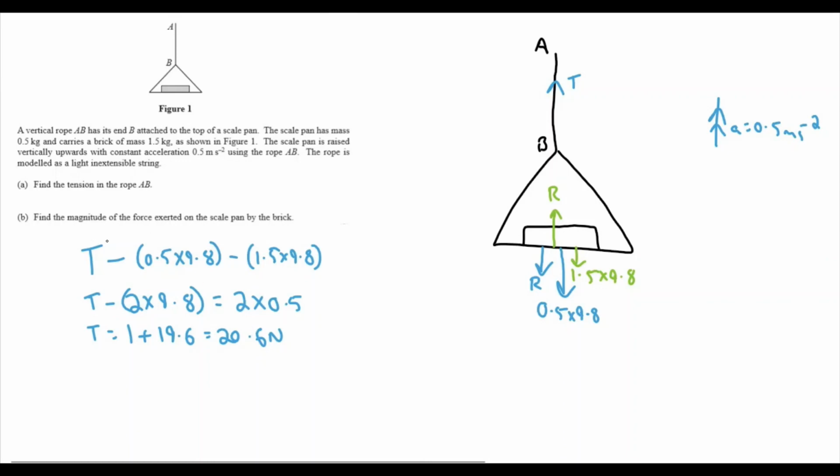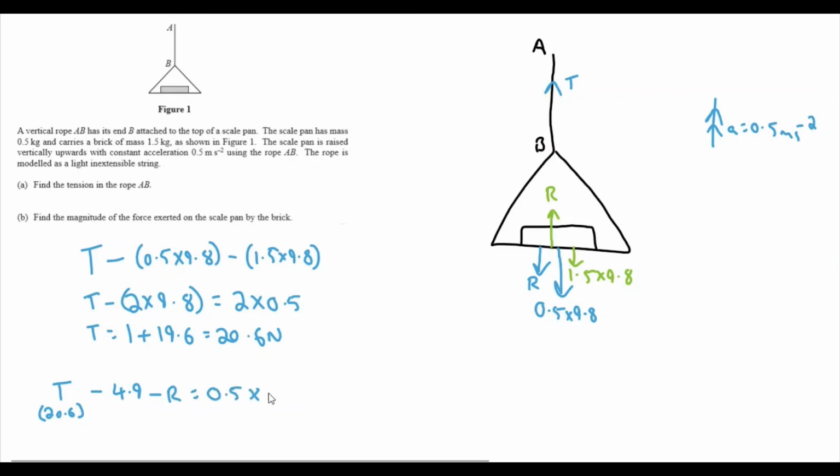Now then, for the magnitude of the force exerted on the pan by the brick, so that's this downward force here, what we can do is just look at the pan. In this case, again, our forward force is going to be tension, which you now know to be 20.6, and then that's going to be minus 4.9, which is the 0.5 times the 9.8, and then also minus that R that we're after, and that's going to equal the mass now just of 0.5 times the acceleration also of 0.5.